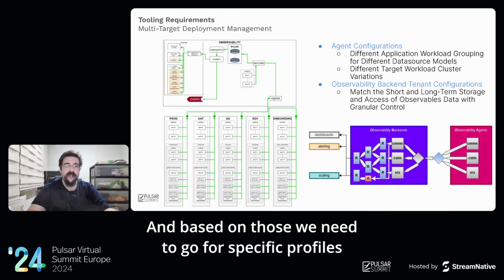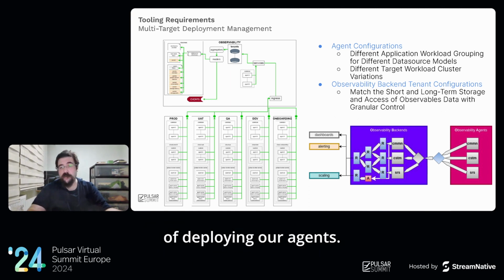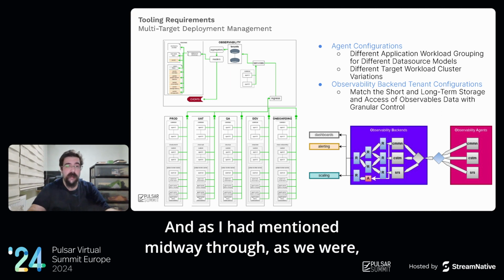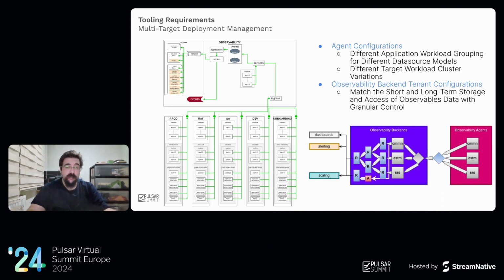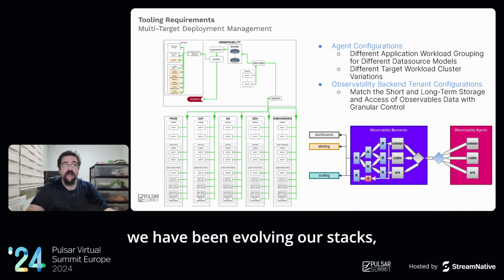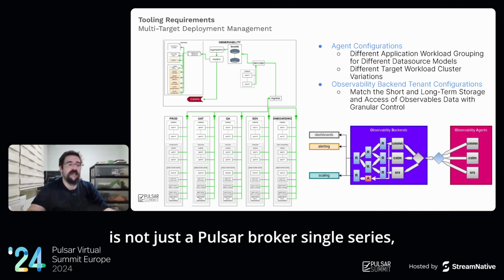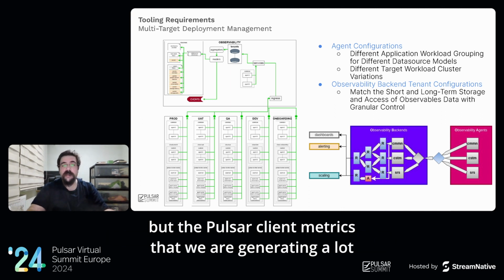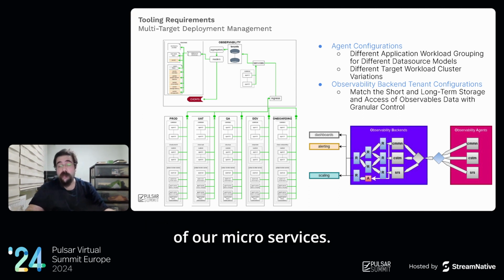Based on those, we need to go for specific profiles of deploying our agents. And as I had mentioned midway through, as we have been evolving our stacks, it is not just the Pulsar broker metrics, but the Pulsar client metrics that we are generating out of our microservices.